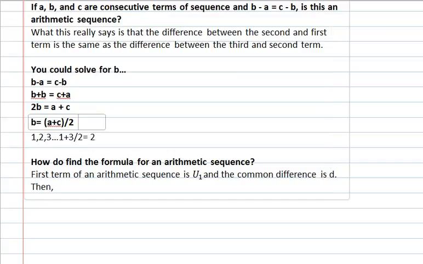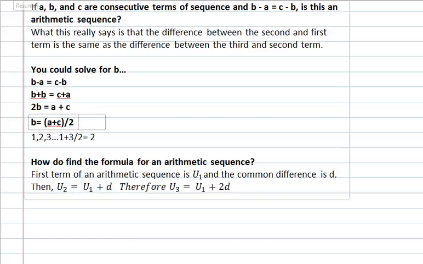Knowing this, we can actually create a statement. Since the difference is the same, you can find u2 by adding the difference to u1. So all you have to do is add the first term plus the difference to get the second term. If u2 equals u1 plus d, then we can also say something about the third term.